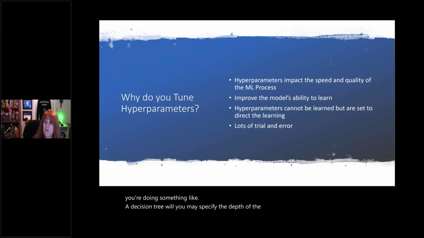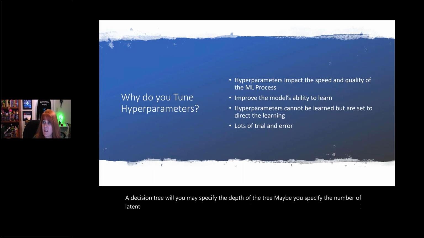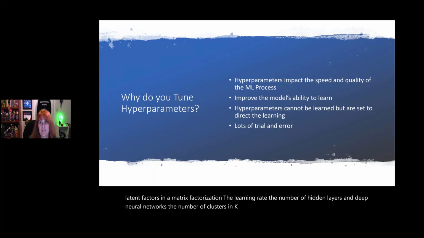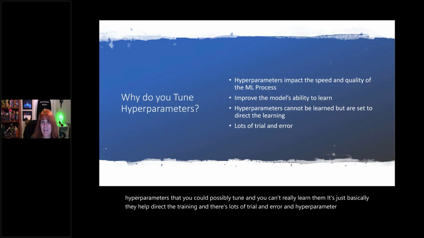Maybe you specify the number of latent factors in a matrix factorization, the learning rate, the number of hidden layers in deep neural networks, the number of clusters in k-means. There's so many different types of hyperparameters that you could possibly tune. And you can't really learn them. It's just basically they help direct the training. And there's lots of trial and error in hyperparameter tuning. And that's in addition to getting your algorithm right.